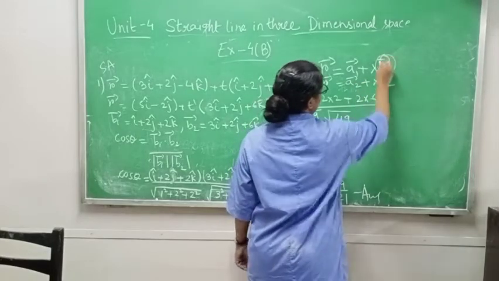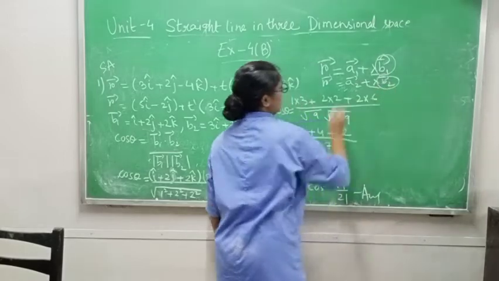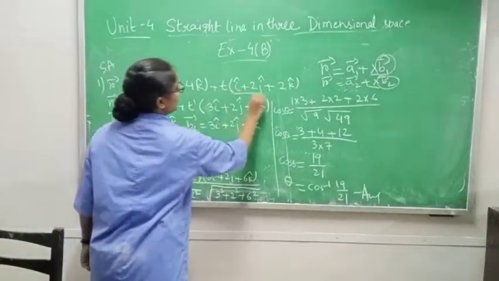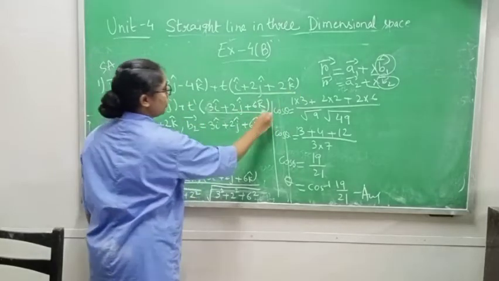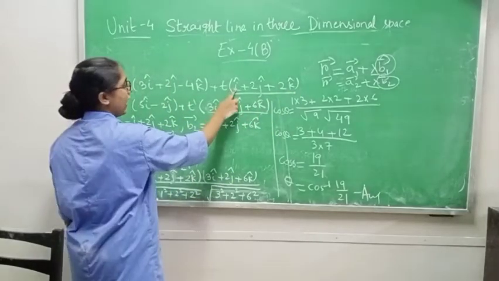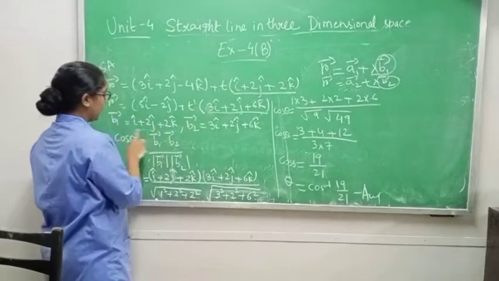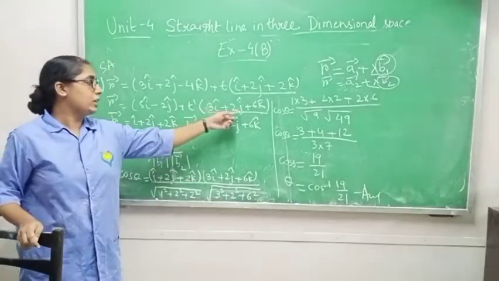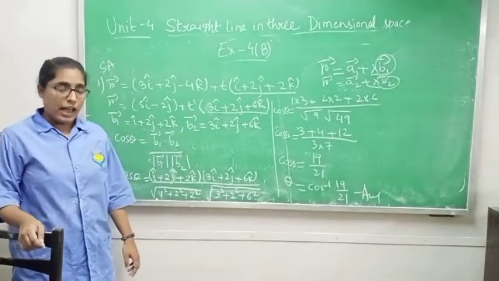So b1 is attached with lambda and b2 is also attached with lambda, here t and t dash. This one is your b1 and this one is your b2. So what will you write? i cap plus 2j cap plus 2k cap equals b1 vector, and b2 vector is 3i cap plus 2j cap plus 6k cap.